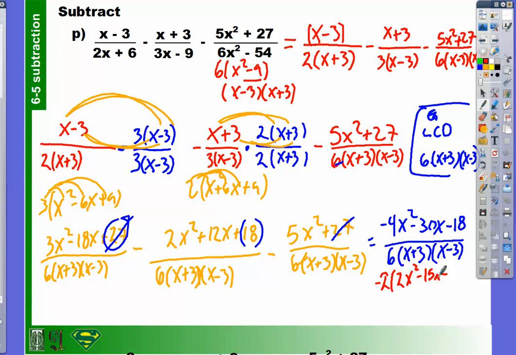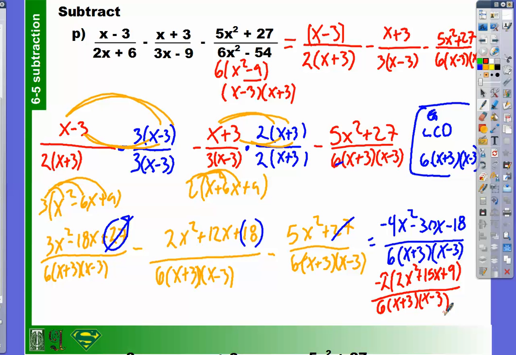Sorry, I'm going to factor out a negative, so that will be a plus. Negative 18 divided by negative 2 is positive 9. And that's all over 6 times x plus 3 times x minus 3.